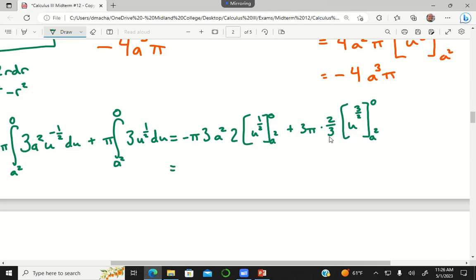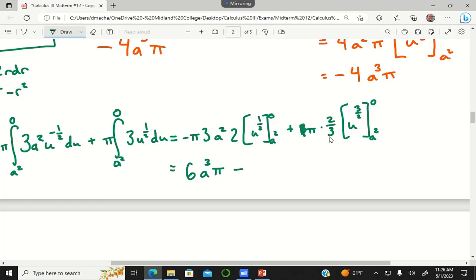Cool, so now we plug in the bounds, and 0 is 0, so that doesn't really matter. So we really just have to flip the sign, plug in an a here, and I would get positive 6a cubed pi, right? And then over here, this is going to be negative.